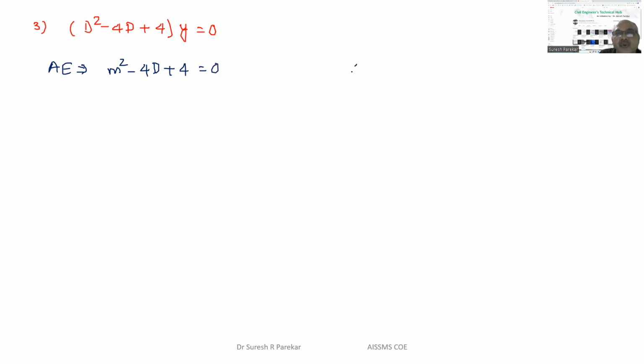Now we have product 4 and addition also we have −4. So −2. So we can have m² − 2m − 2m + 4 = 0. Sorry, not D, so this should be m. Again, this is m.